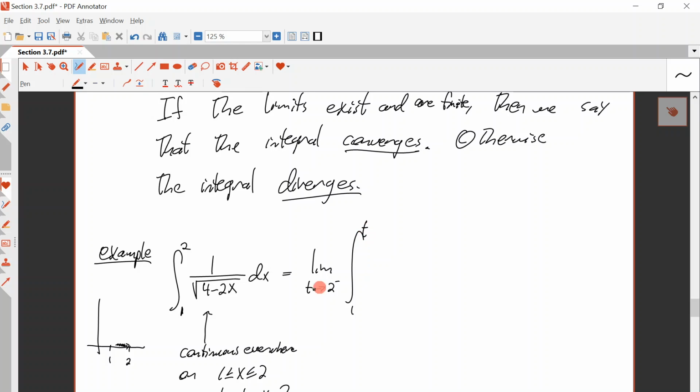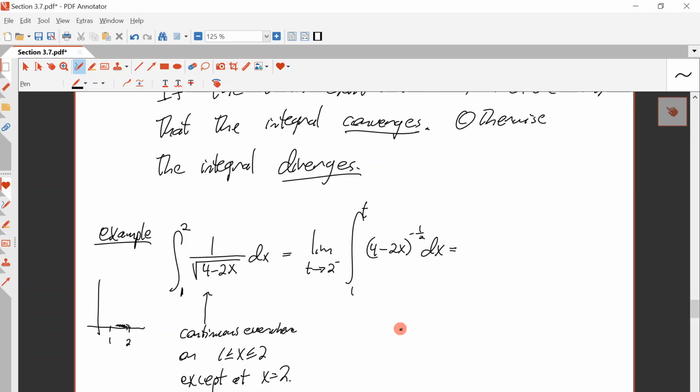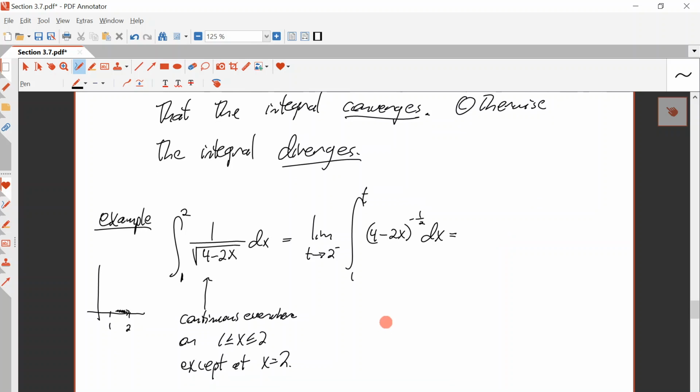Integral from 1 to t, and we'll write this as (4 minus 2x) to the negative 1/2 dx. In order to calculate this, I'm going to have to do a u substitution. So why don't we do the antiderivative separately, just like we did in that previous problem, and then we'll plug it back into this main calculation here.